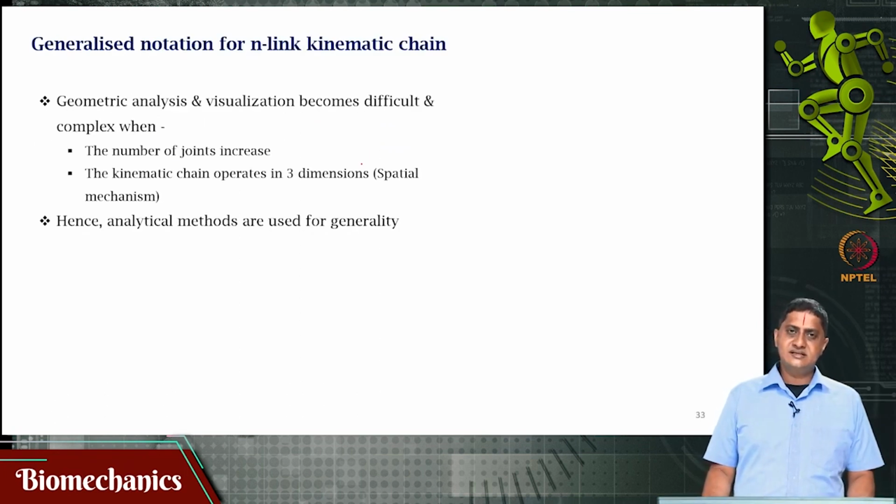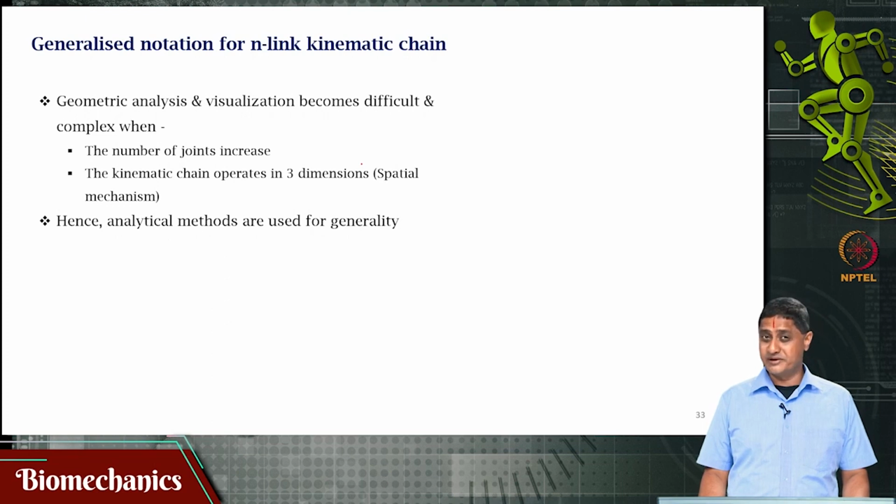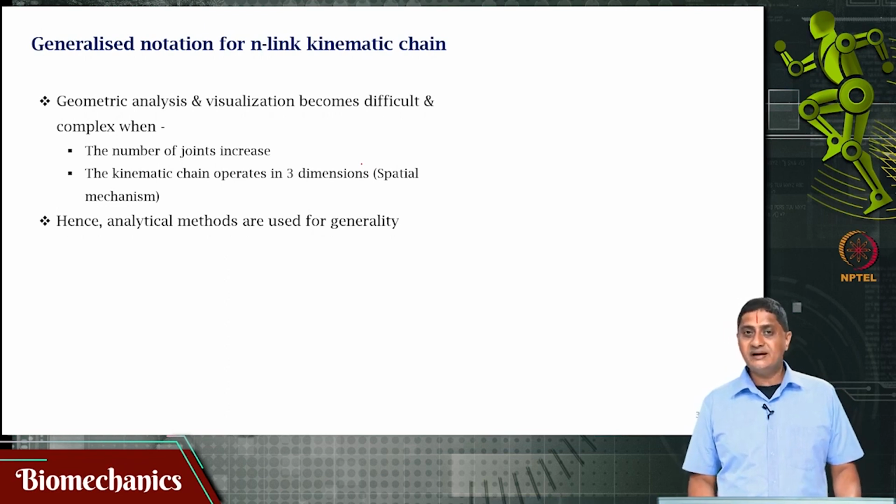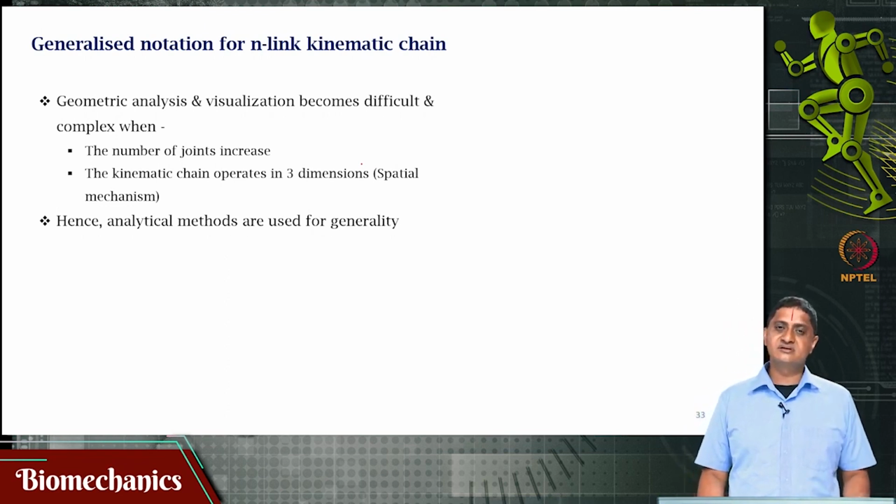As we saw in the 2-link chain and the 3-link chain, the forward kinematics itself becomes complicated after some point. The inverse kinematics is a little too complicated. Unless you have some assumptions, you really cannot even solve for the inverse kinematics. Either there must be some constraint.